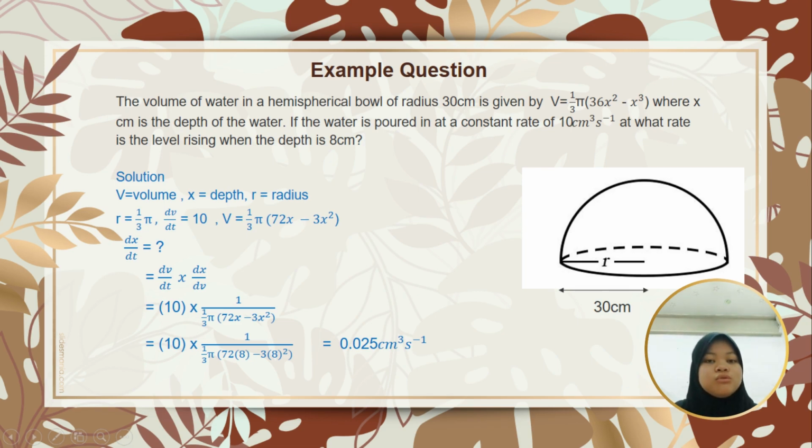So to calculate, it would be 10 times 1 over 1 over 3 pi (72x minus 3x squared), and then you put in the x value, and finally you will get the answer, which is 0.025 centimeters.